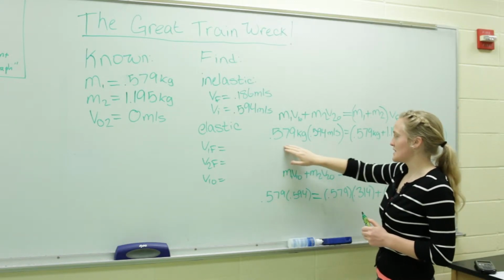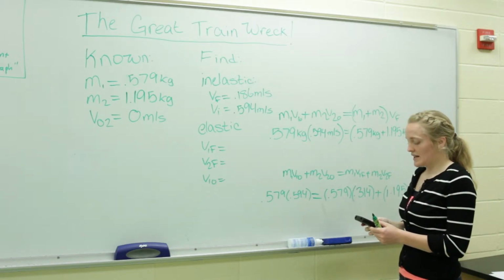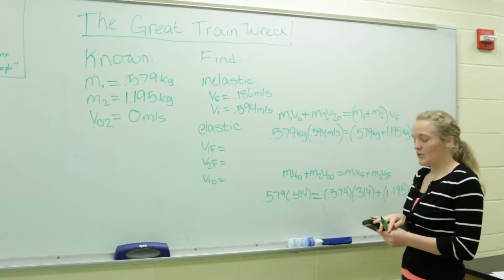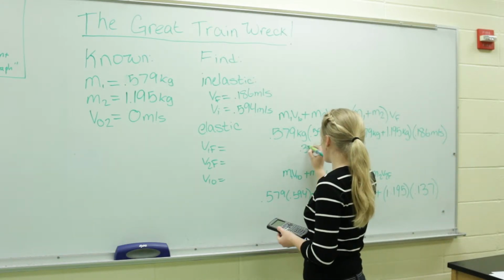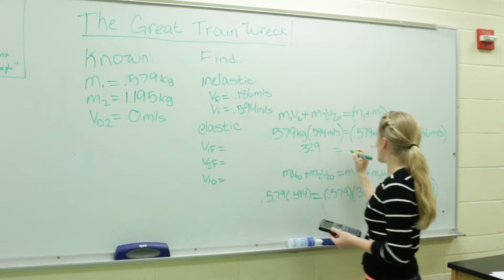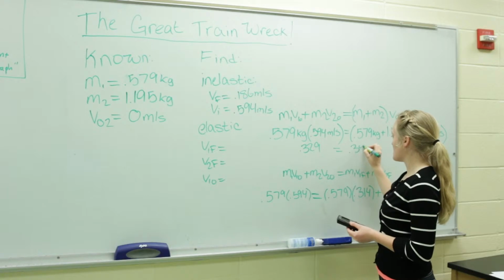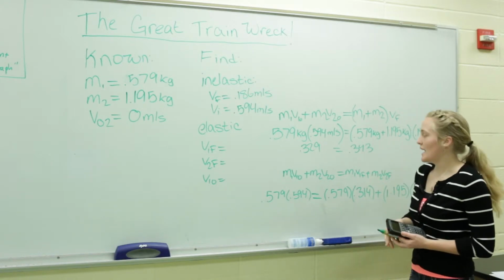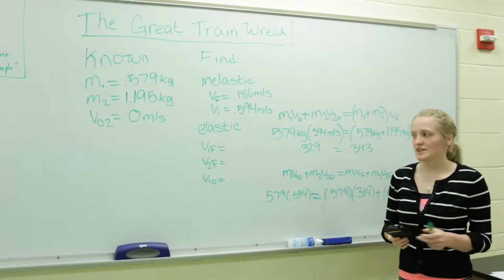If we plug these numbers in, the first part is equal to 0.329, and the second part is equal to 0.343. The variation in differences will be explained by Josh later.